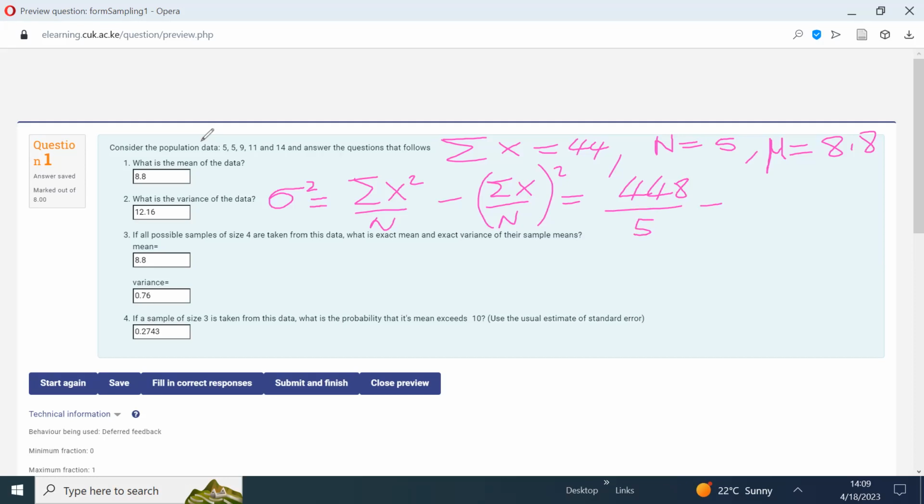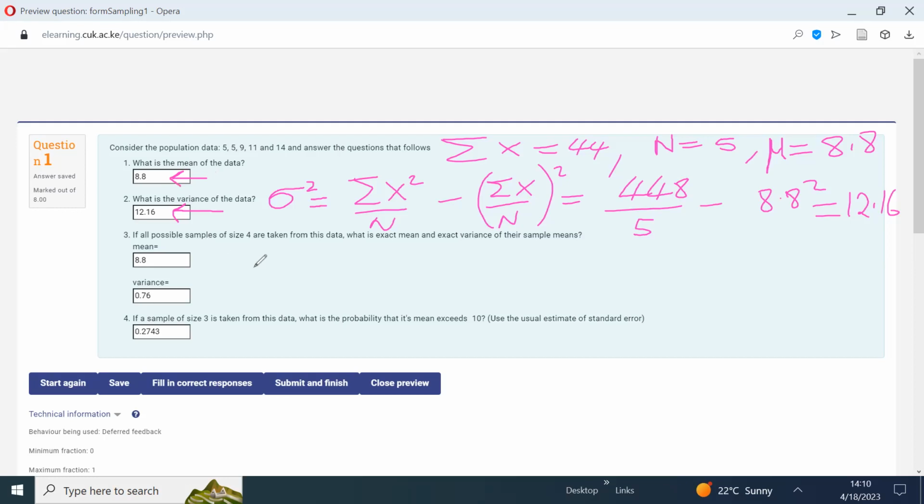If you note, it is actually the mean 8.8 that we are squaring. So I have 448 divided by 5. Then I subtract 8.8 squared. That gives me 12.6. No, 12.16. And clearly you can see that is what is here. The mean was given here. So now that is about the population.